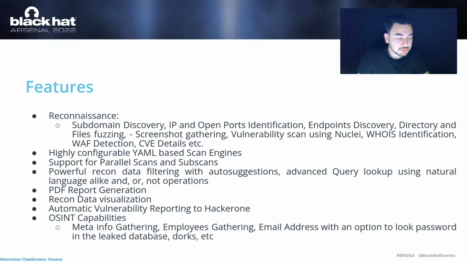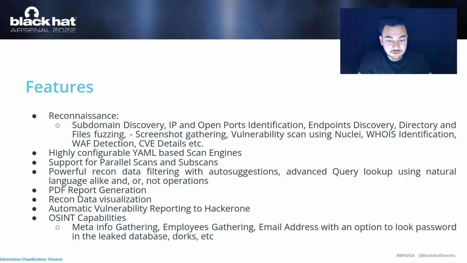So as and when reNgine discovers a vulnerability, you can configure how your report is going to look, and it's going to report it to HackerOne. Currently we only support HackerOne. Probably in the future we might bring in other bug bounty platforms such as Bugcrowd or Intigriti as well.